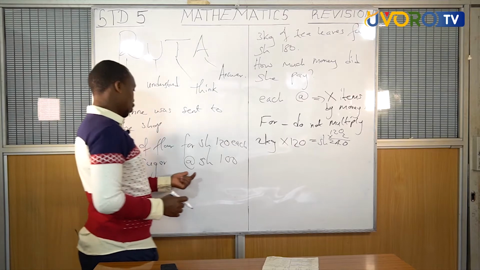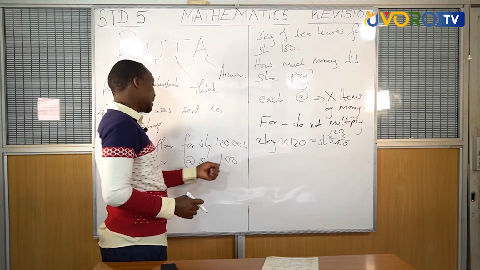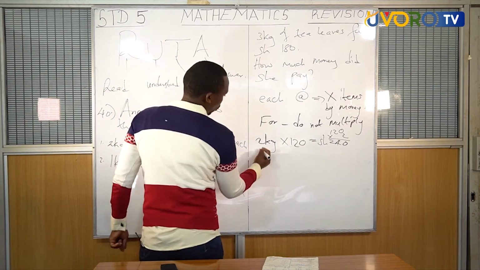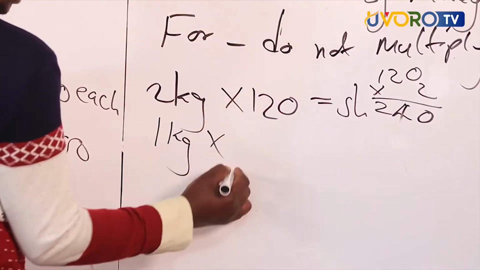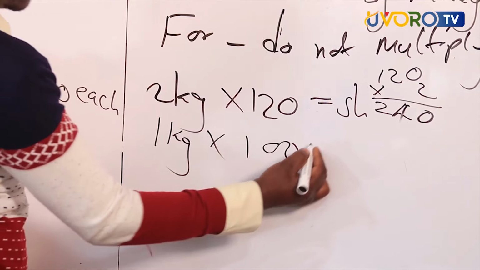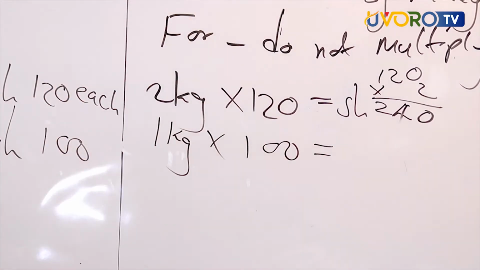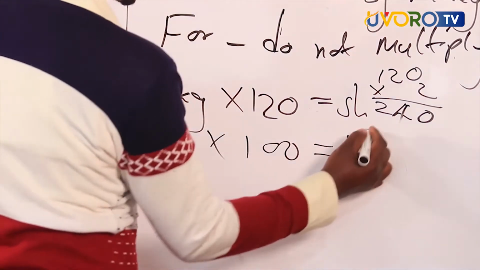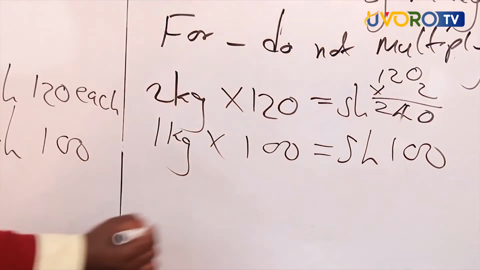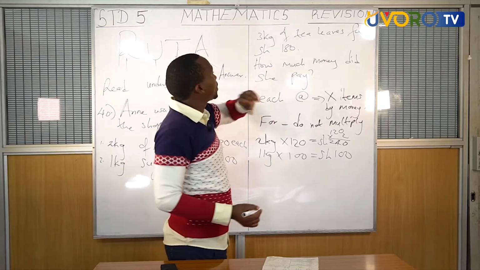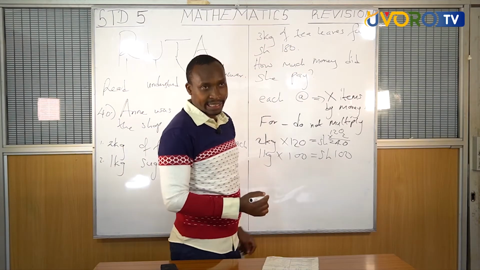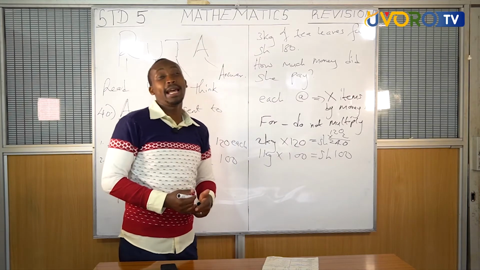1 kg of sugar, each shillings 100. So 1 kg of sugar each. That is times what? 100. So what is 1 times 100? Very good. That is shillings 100. We go to the other part. 3 kg of tea leaves, 4 shillings 180. Do we need to multiply?